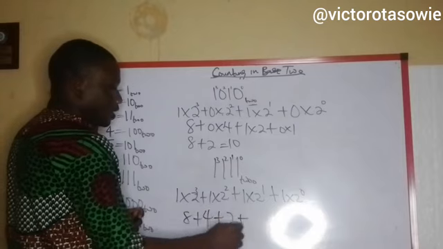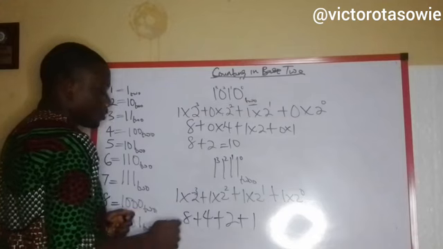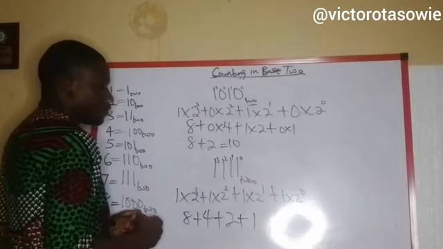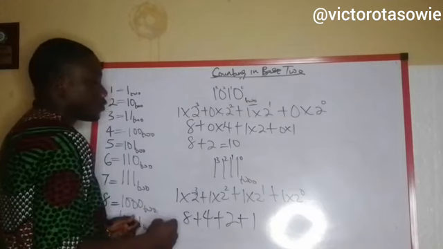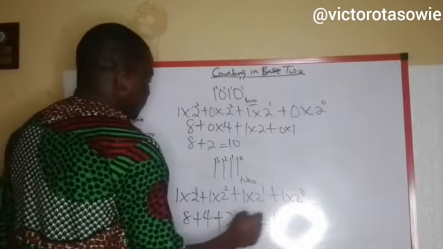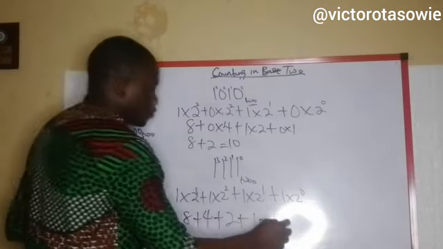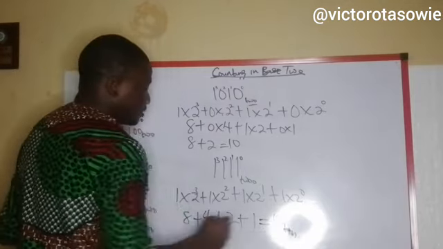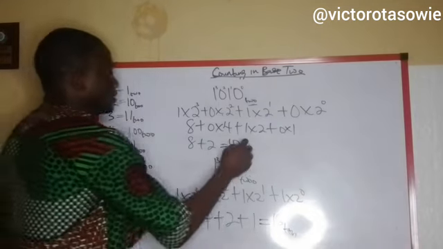And what we have here is 1. So 8 plus 4 is 12. 12 plus 2 is 14, plus 1, which is 15. So meaning that 1111 base 2 is 15 base 10.